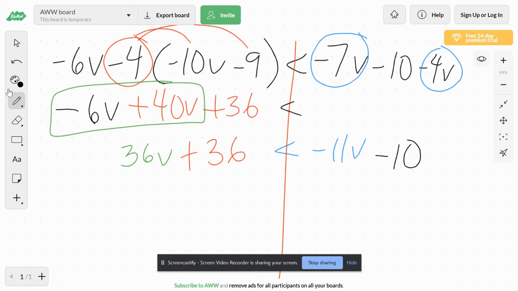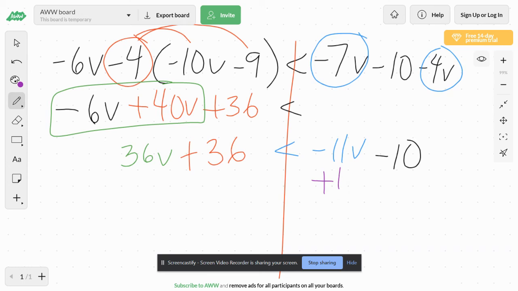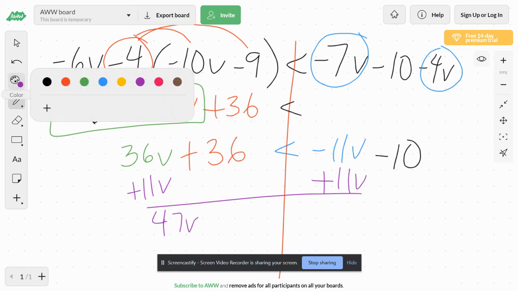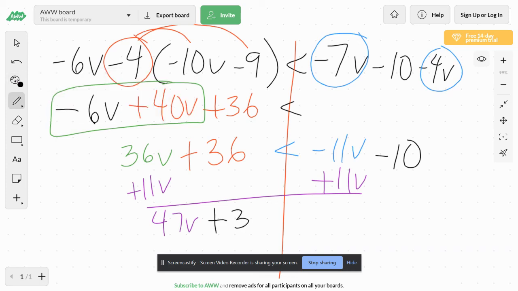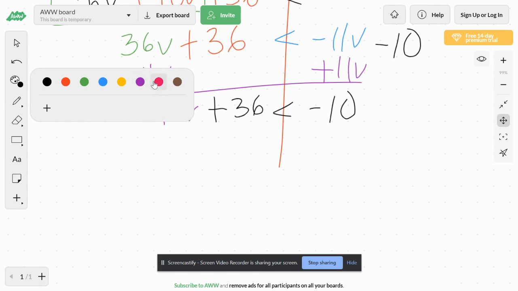All right, solve this. What I would do, I would add 11v to both sides. So you get 47v. Bring everything else down, plus 36, less than, was it negative 10? Negative 10. Yep, so I brought that down, good stuff there.